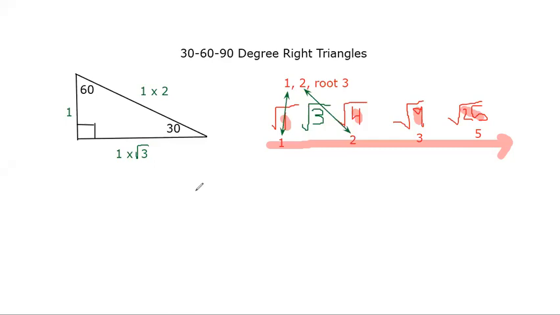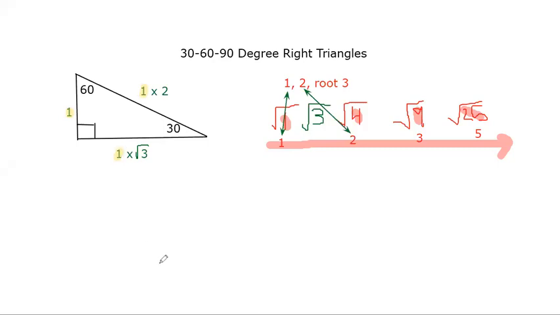That's your middle length, or your long leg, because the hypotenuse is the longest side of any right triangle. 2 is the largest of those 3 numbers. I put the 1 times in front so that you'll see a pattern. Whatever the length of the short leg is, for the hypotenuse we multiply it by 2, and for the longer leg we multiply it by root 3.